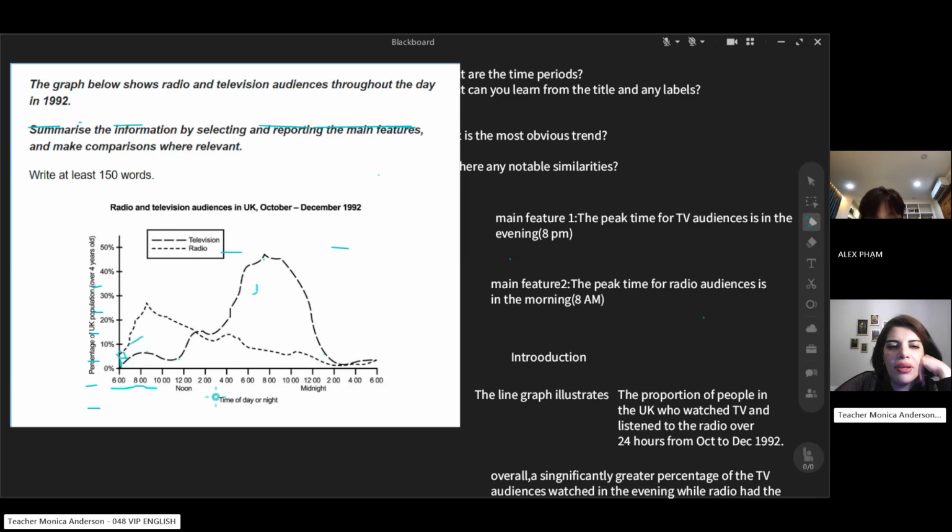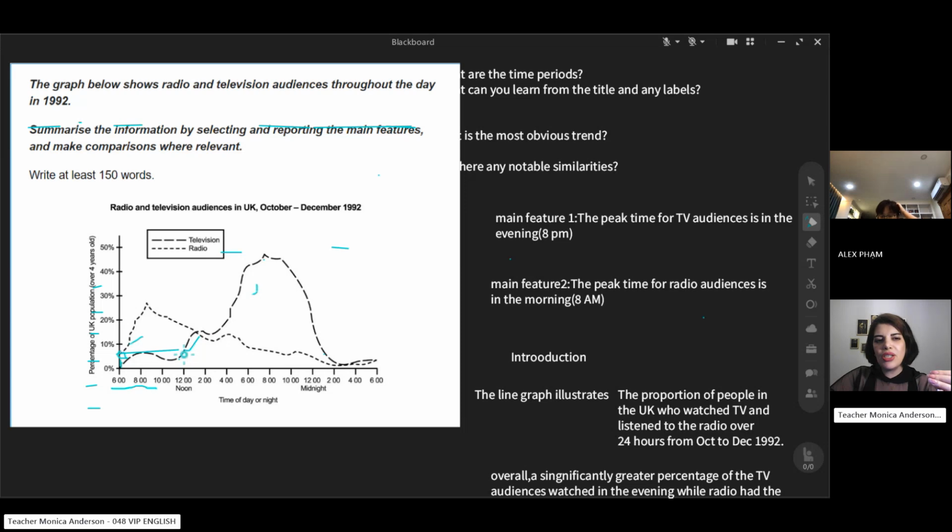AM, noon, and afternoon, and midnight, evening. So different times of a day or night. So as I can see, less than 10% of people here. Then it goes up. So we can say that this area follows the same trend.